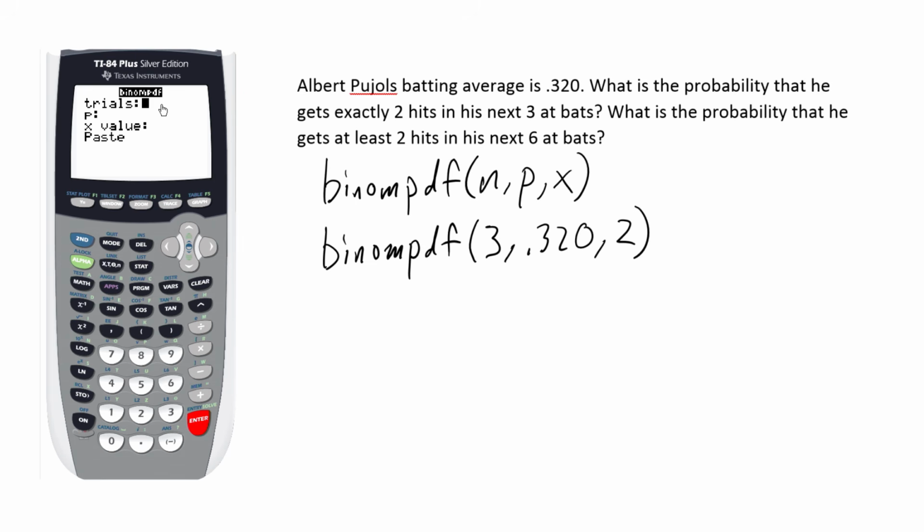If you have the menu option, we'll type in those exact same numbers, just vertically instead of horizontally. So the number of trials is 3. The probability of success is .320. And the number of successes that we're looking for is 2.